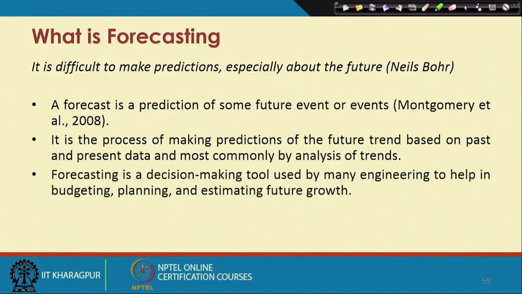So, let us see how forecasting works. In sum, forecasting is a decision making tool used in many engineering problems to help in budgeting, planning, and estimating future growth.